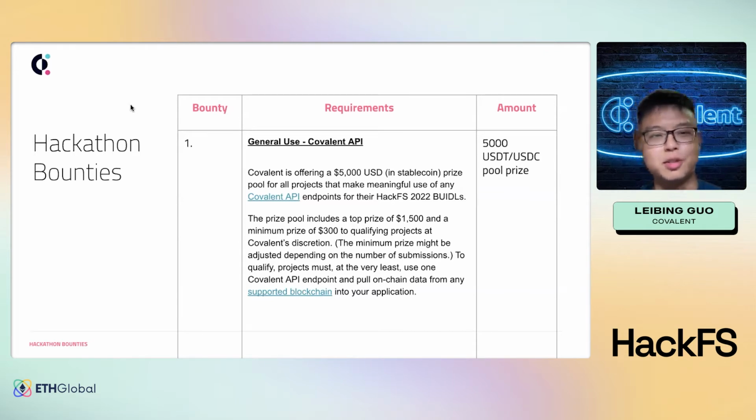I think someone used that term to me before, when we tried to make it pretty narrow, but we decided that we like to keep it open so that you can work on any kind of project that meets your fancy. And all you need to do is to integrate our API into your project in a meaningful way for you to be able to qualify for the prize pool.